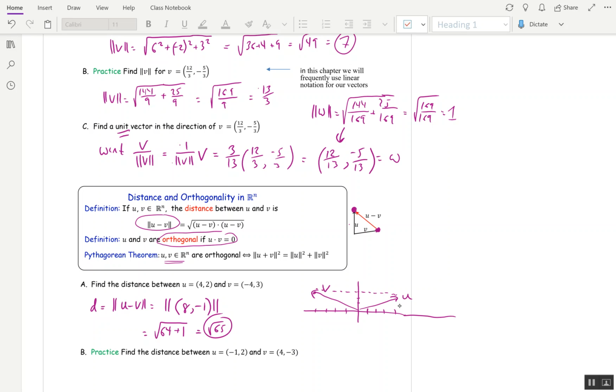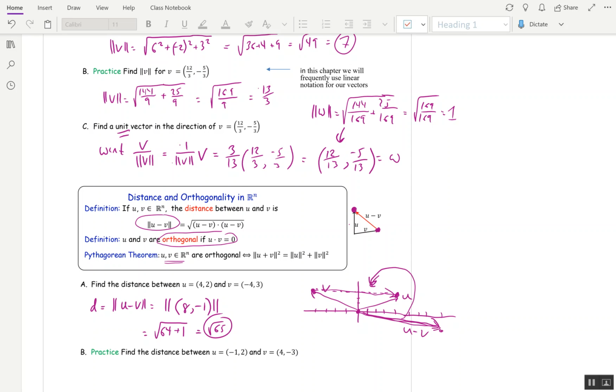That's going to be way over here. 2, 3, 4. This is the vector U minus V. Okay, now how is that related to that dotted line? Well, that dotted line is just this vector that's been translated up. So when you take U minus V, you get a vector in what we call standard position, which means its base is at the origin. But really, the length of this vector is the distance from the tip of V to the tip of U.